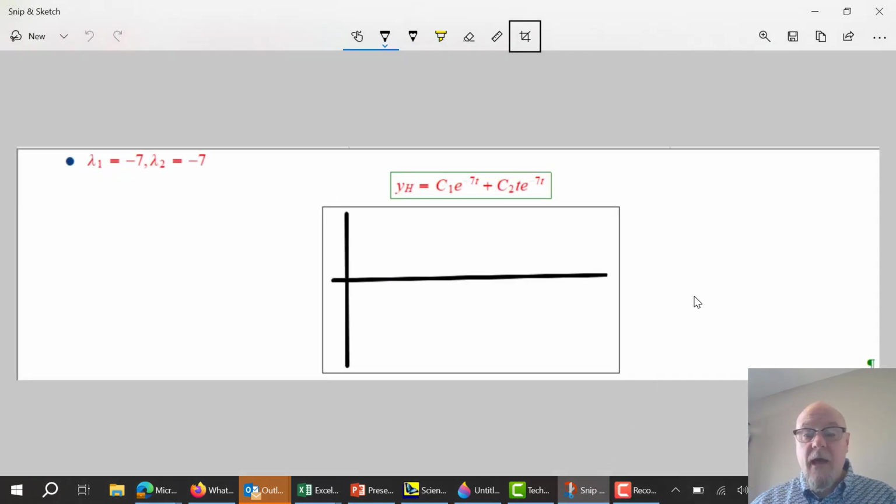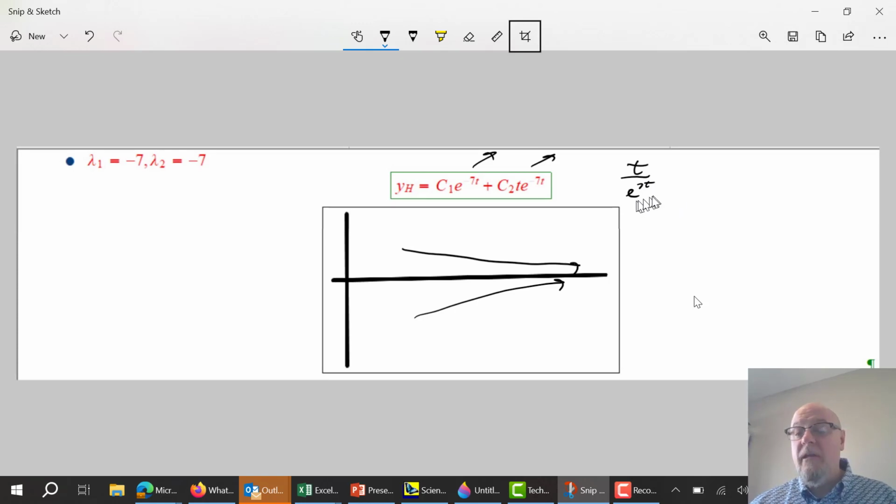So if I want to think about what happens to the eventual solution, again, I don't know how it starts. We're not given any initial conditions, so I don't know what the c's are, but I know eventually the solution approaches 0 because e to the minus 7t approaches 0 and t e to the minus 7t approaches 0. Now you might say the t goes to infinity, and infinity times 0, yeah, but think of it as t over e to the 7t.